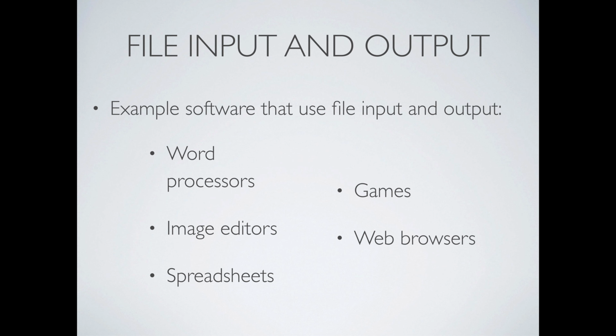There's a lot of software that does use file input and output, meaning there's a lot of software that does interact with other files on the computer. For example, any word processors interact with lots of other files on our computer, right? They can create new Word documents, they can open old Word documents, all that fun stuff. Image editors, spreadsheets as well.